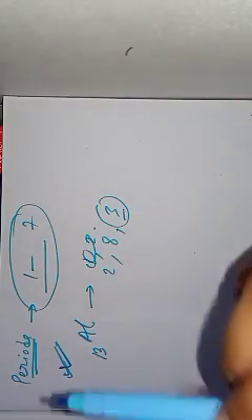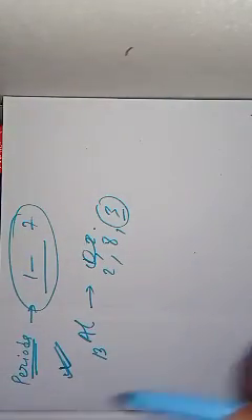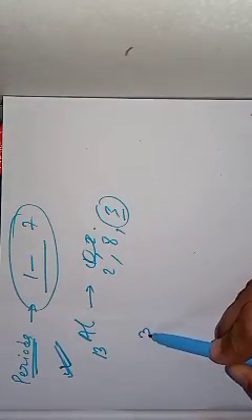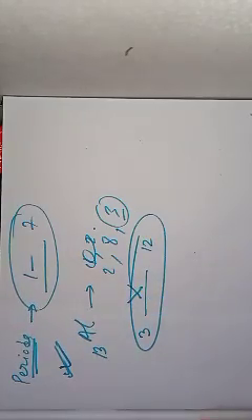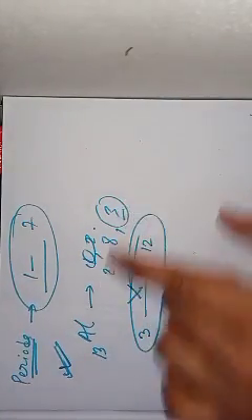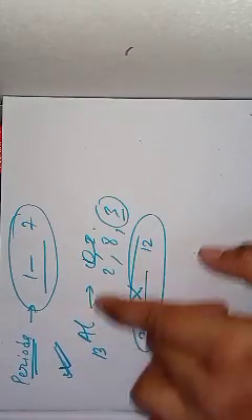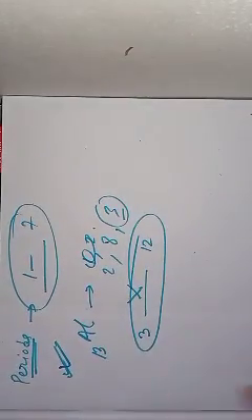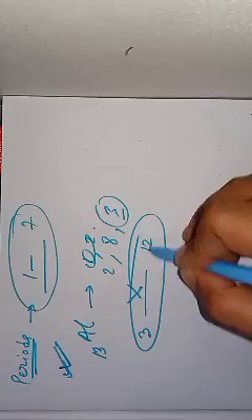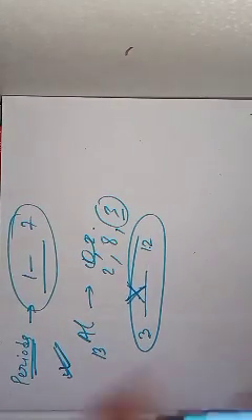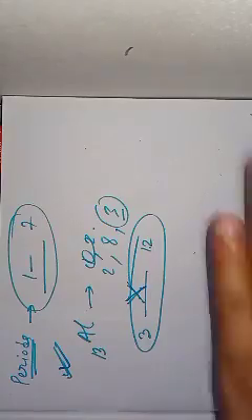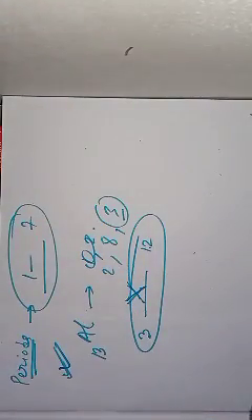But if you remember, in the previous videos I said that groups from 3 to 12 will not be studied in the chapter. The first reason why aluminium does not belong to the third group is that group 3 to 12 elements will not be studied in class 10 because of certain assumptions and the level and standard of class 10 students.